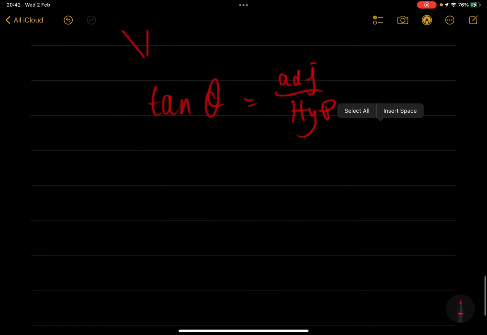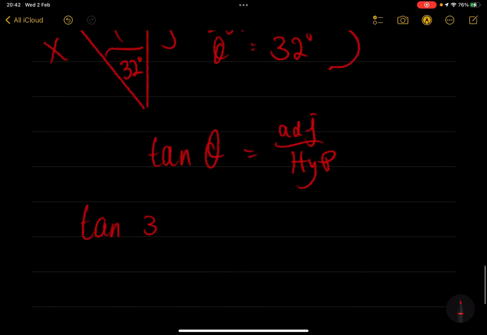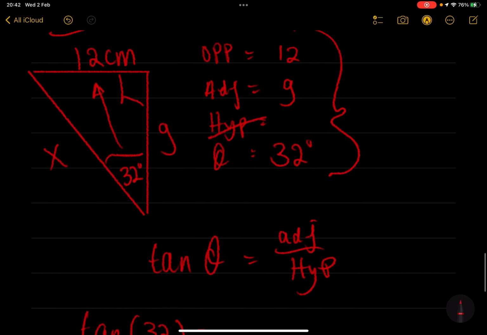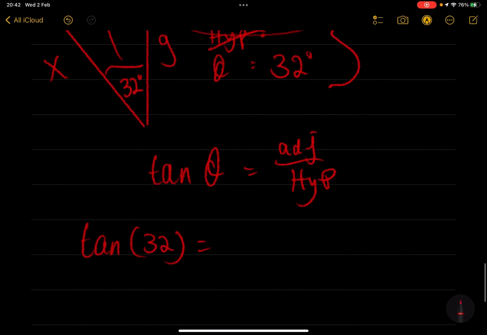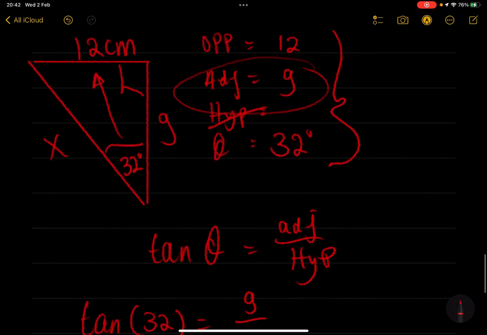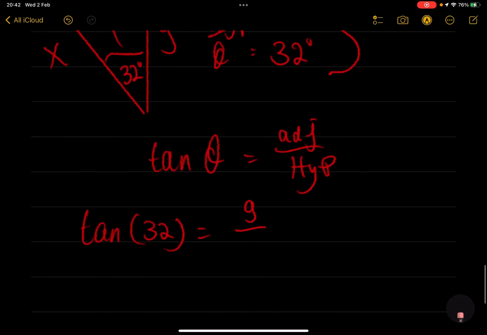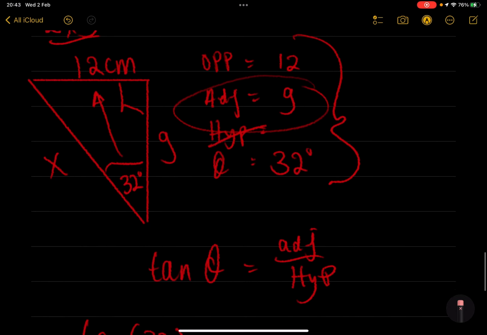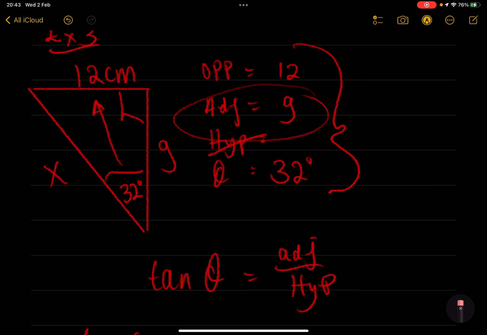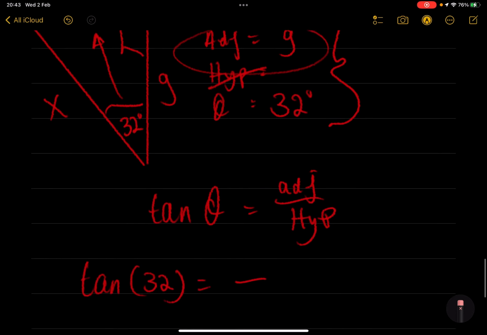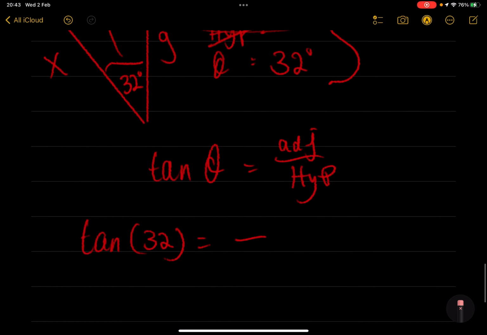So this means tan of 32 equals, and then it's the adjacent, which is the letter G, isn't it? So G divided by, oh no, apologies, sorry, your opposite is on top. Sorry guys, it's not the adjacent divided by the hypotenuse.